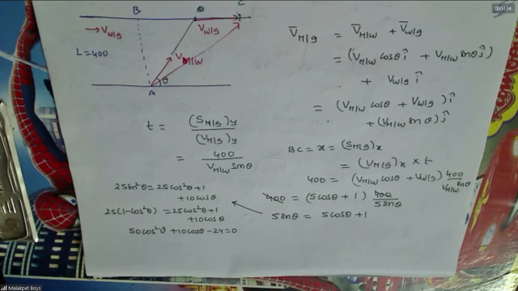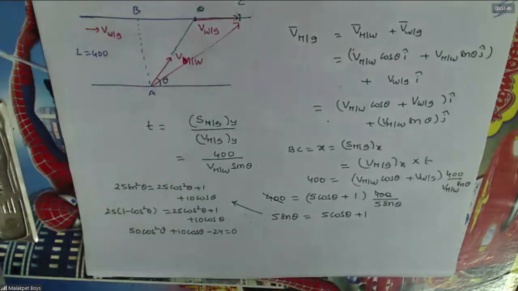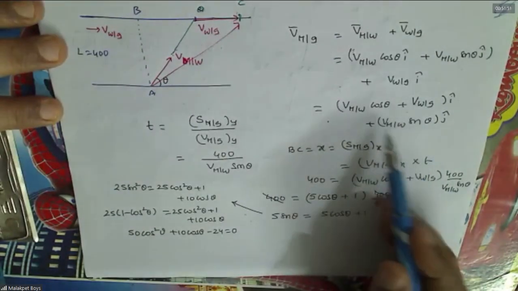Sir, the time should be 400 by VMW cos theta. Which one? The BC, sir. BC is equal to x, which is the displacement in the x direction. This one? Yes, sir. No, sir. Below that.